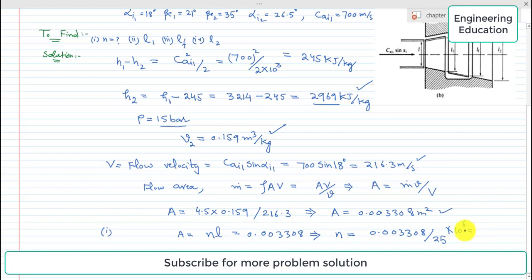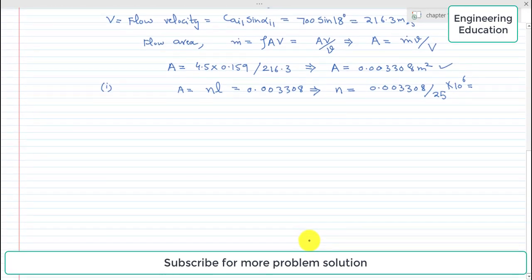So the value of length of arc comes out from the calculation, N is equal to 132.3 millimeter. So this is the part 1 required, length of arc.